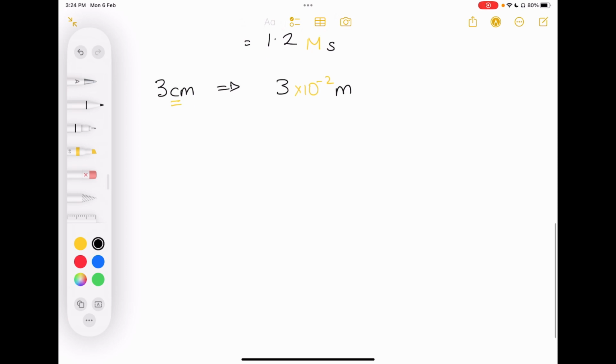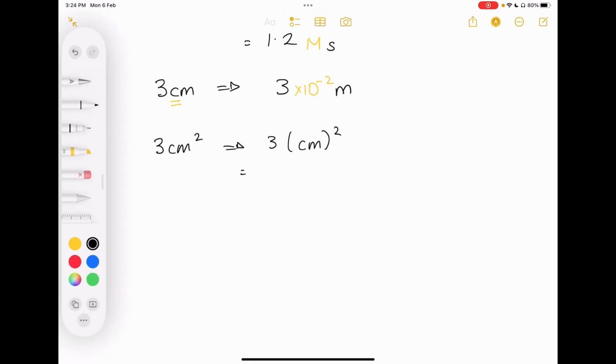If I wanted to change it to an area, so now I've got 3 centimeters squared, this is where we need to look at where the squared is. 3 centimeters squared is basically saying 3 times centimeters, all squared. So actually the square is for the whole centi bit.